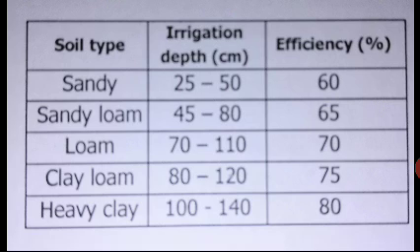For sandy loam type soil, the depth is 45 to 80 centimeter. Efficiency is 65%. Loamy type soil, depth is 70 to 110 centimeter, efficiency is 70%.